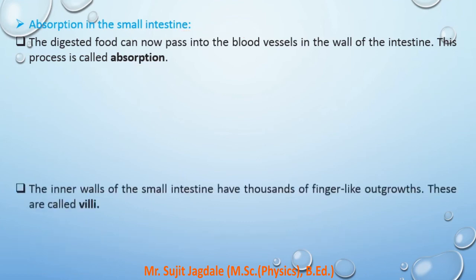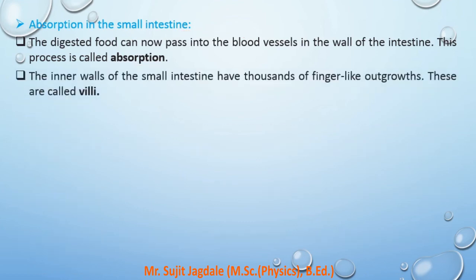Now the inner walls of the small intestine have thousands of finger like outgrowths, and these outgrowths are called villi. Suppose we consider the wall of the intestine, on that wall a finger like structure is there. You can see this finger like structure, and thousands of such outgrowths are there, referred to as villi.